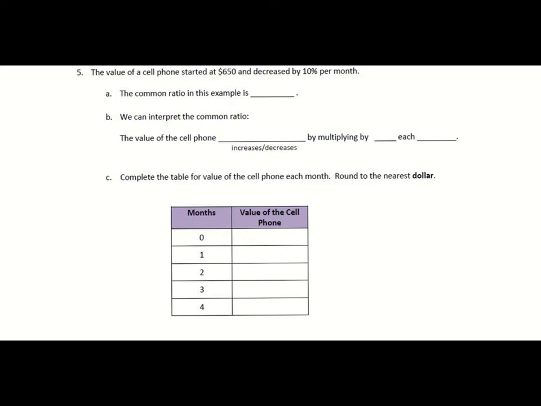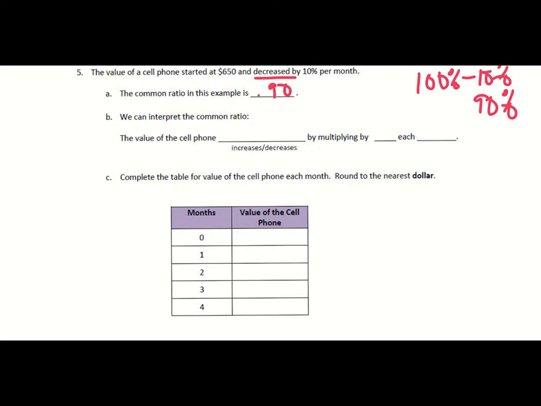Now let's do the other way, where we're doing decreases. The value of a smartphone at 650 decreases 10% per month. So now you're doing 100% minus 10%, which gives me 90%. So the common ratio is 0.90.